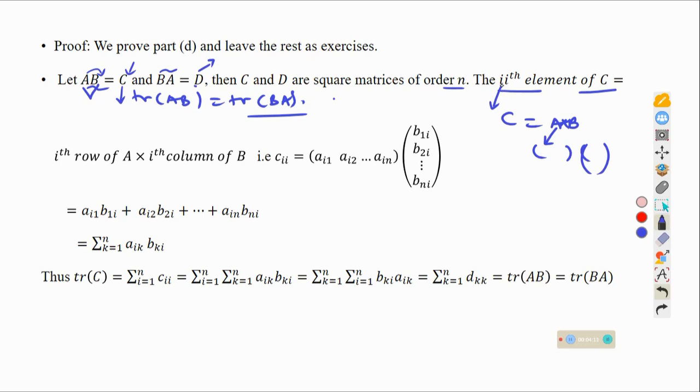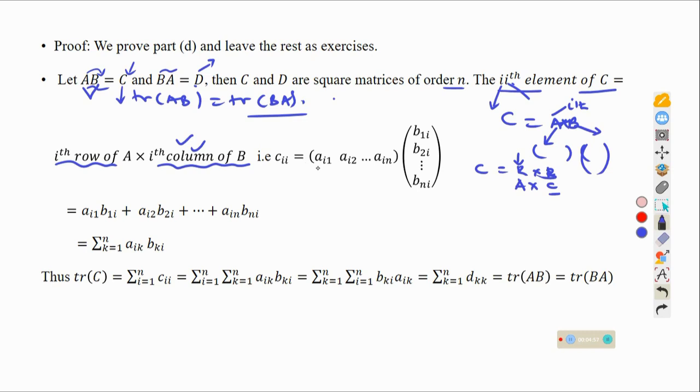So we shall be looking at the ith row of A multiplied by the ith column of B. Every row in A, you multiply with every column in matrix B. So to get the ith element of C, we are simply multiplying the ith row of A times the ith column of B.